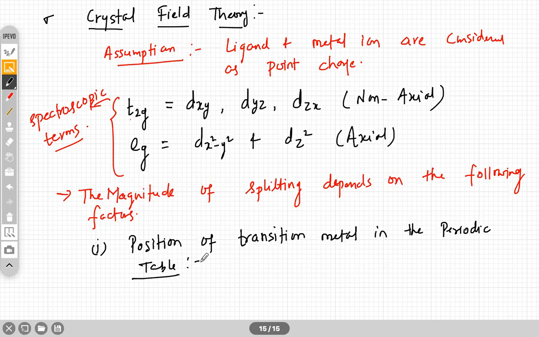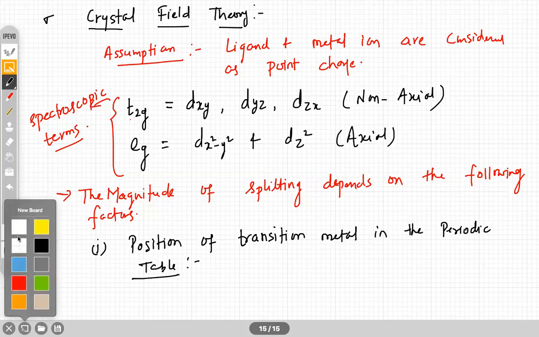The magnitude of splitting increases as we go down the group.